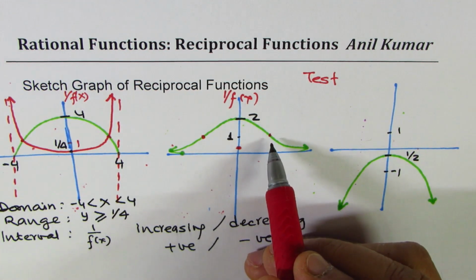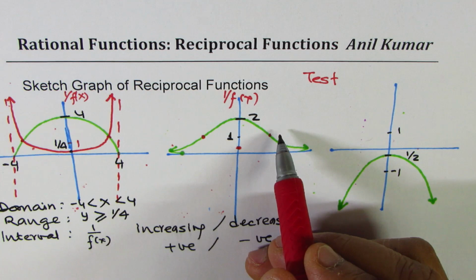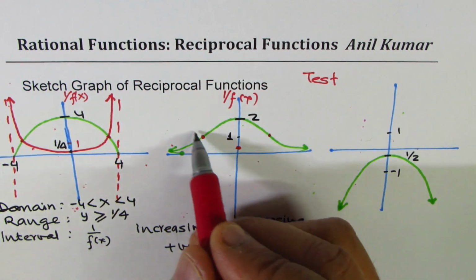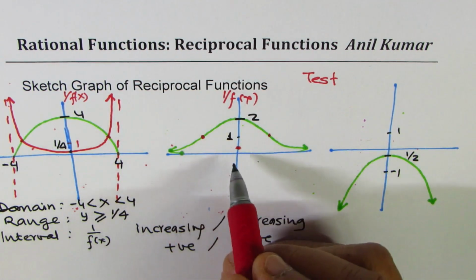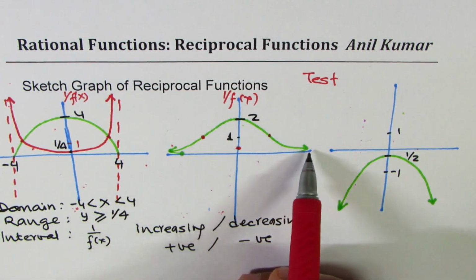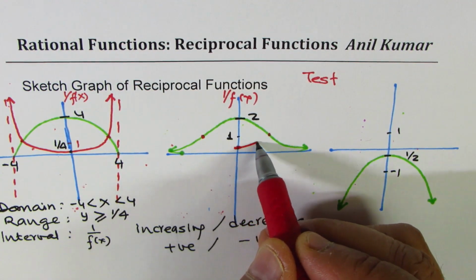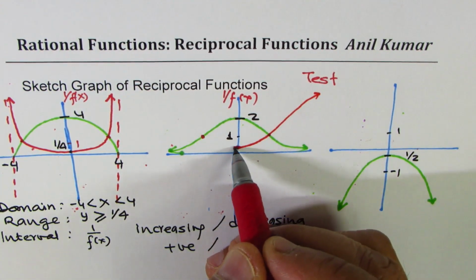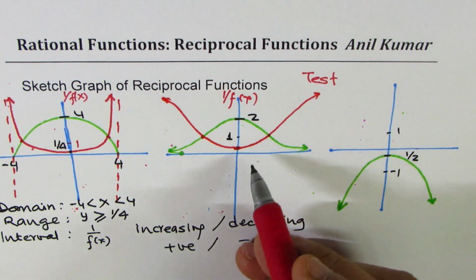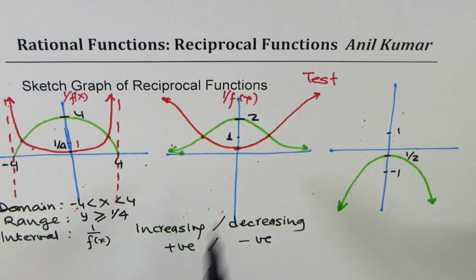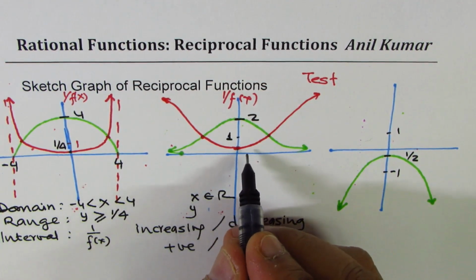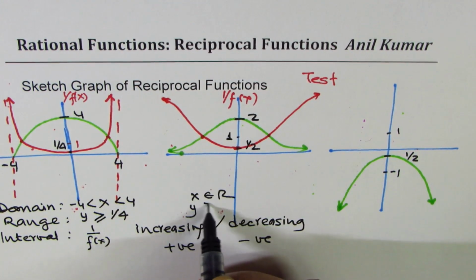So from here, it's going to be like this, approaching infinitely large value. You'll also note that as this function is decreasing, the reciprocal function will be increasing. So I hope you understand the increasing, decreasing behavior of this function. As far as the domain is concerned, you can see that x belongs to real numbers, and as far as y is concerned, this value is half, right? Greater than or equal to half.